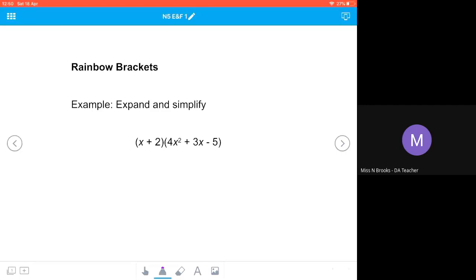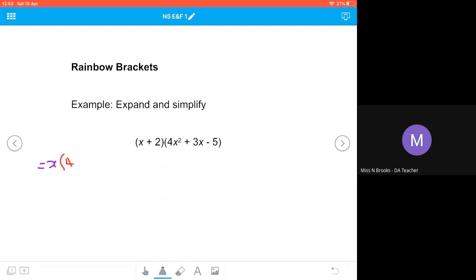So when we're expanding brackets that have more than two terms in them, we sometimes refer to this as expanding rainbow brackets, because we're kind of making ourselves a rainbow while we put in our expanding arrows. But what we're doing is we're going to split this bracket just like we did with double brackets, and we're going to take the first term of the first bracket, and then we're going to write the entire second bracket.